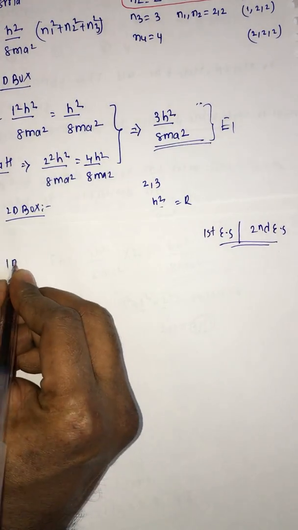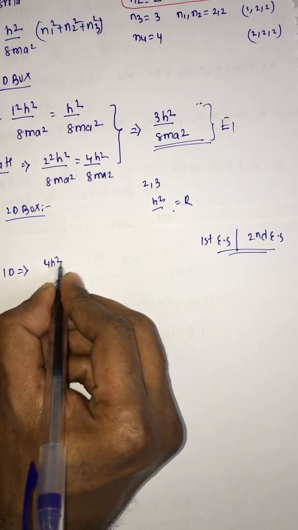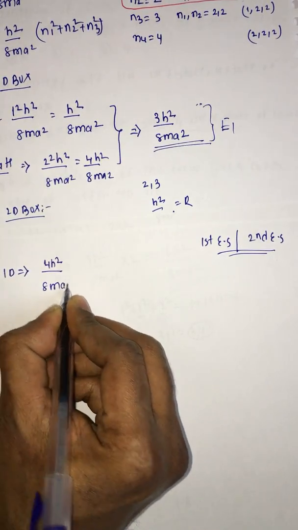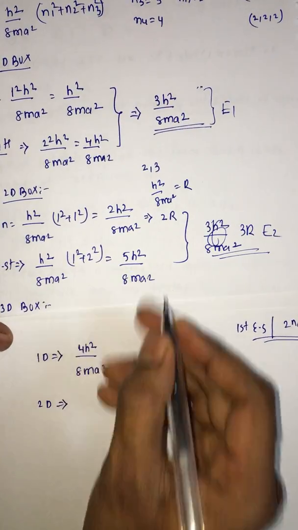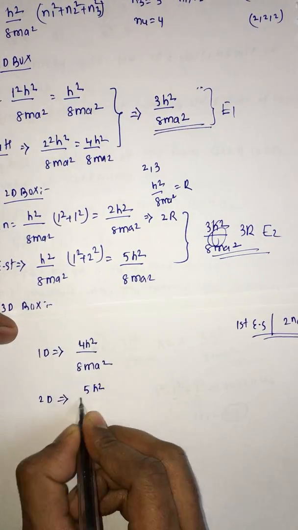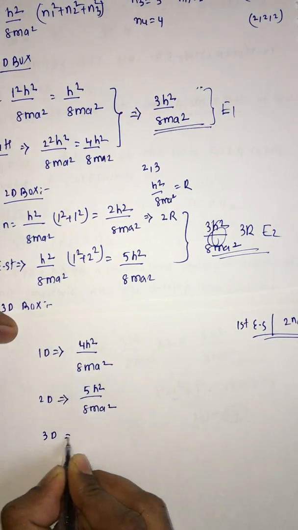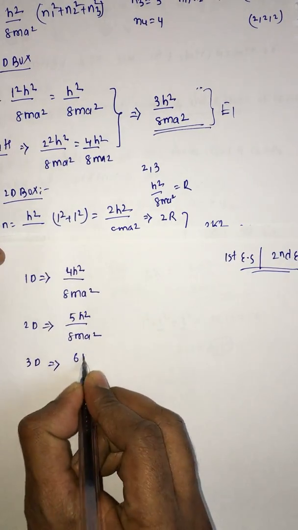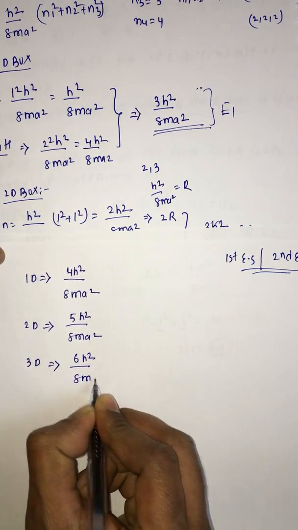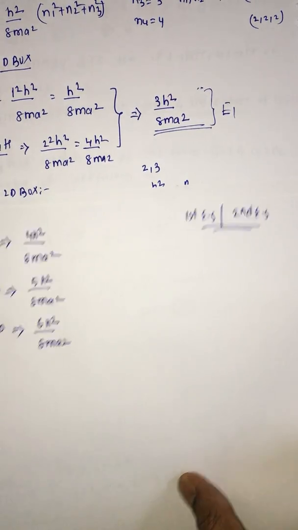So for 1D, the first excited state energy is this one, 4h square by 8 ma square. For 2D, the first excited state energy is this one, 5h square by 8 ma square. For 3D, the first excited is this one, 6h square by 8 ma square. Now we'll calculate for the second excited state.